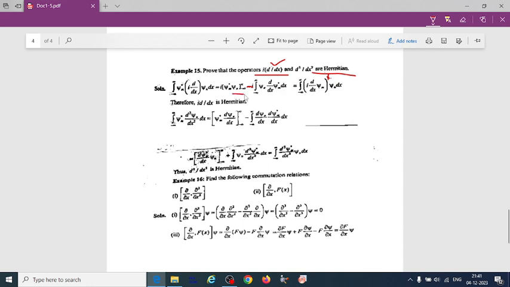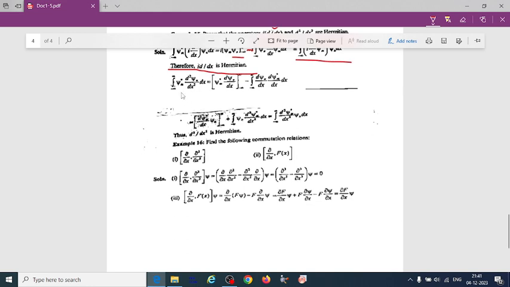This is going to be 0. Then the second term is going to be minus infinity to plus infinity i dou by dou x psi m star, nothing but the conjugate, psi n dx. From this relation we can say that i dou by dou x is Hermitian.